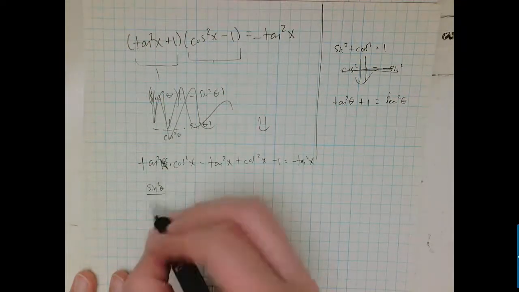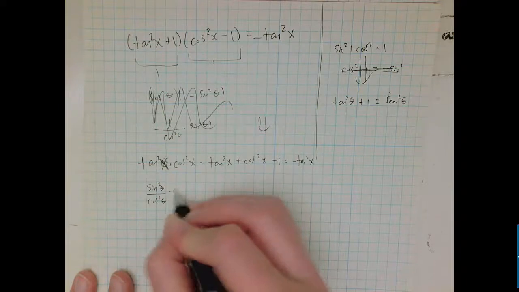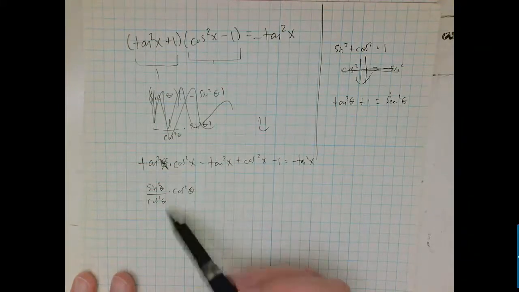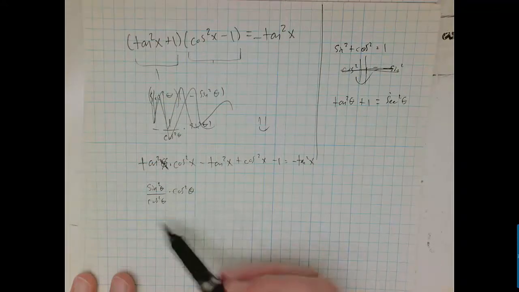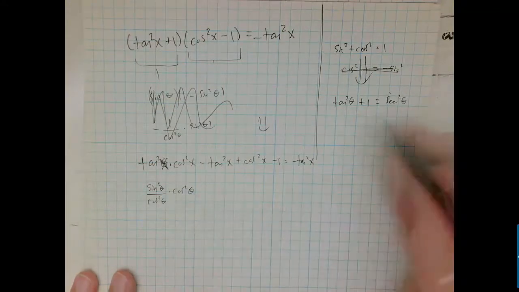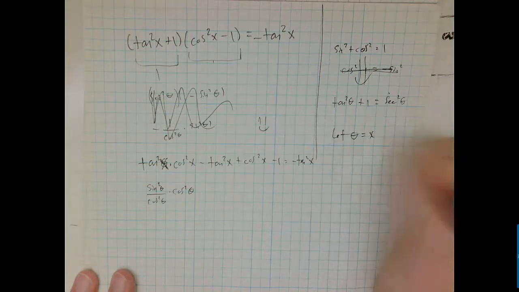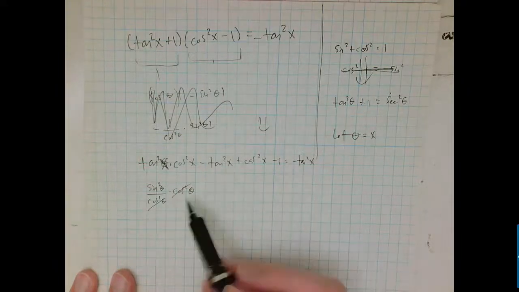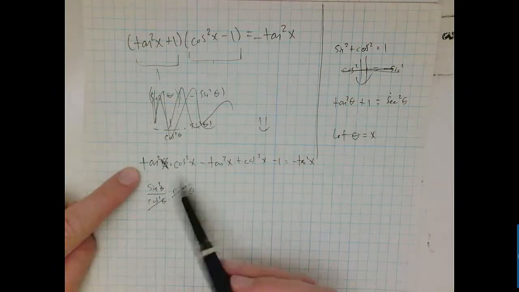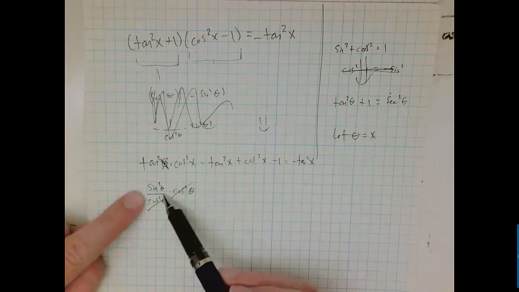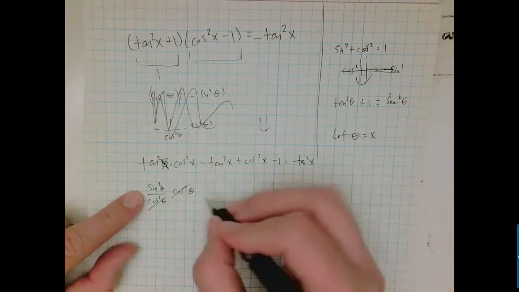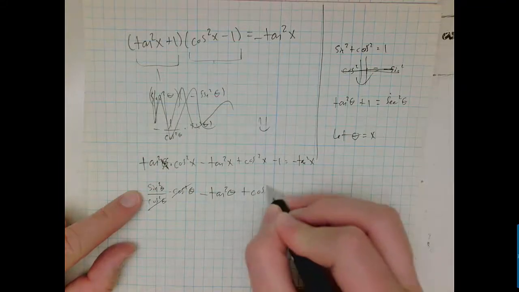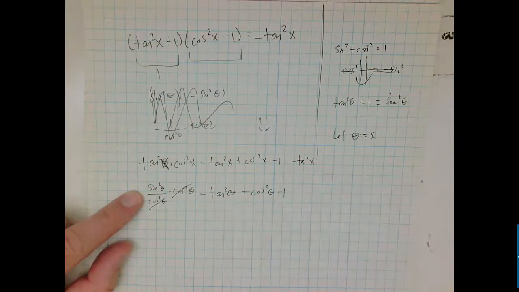So that's sine squared over cosine squared times cosine squared. I'm freely exchanging x's and thetas here. Sorry, my hand is so used to writing thetas. Let theta equal x. Okay, now I'm safe to do whatever I want to do. Notice that those are going to cancel. So when I'm multiplying tan squared times cosine squared, those cancel, and I have just sine squared. Awesome. Okay, so minus tan squared theta plus cosine squared theta minus 1.